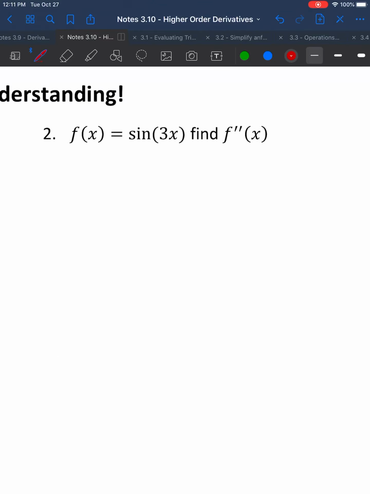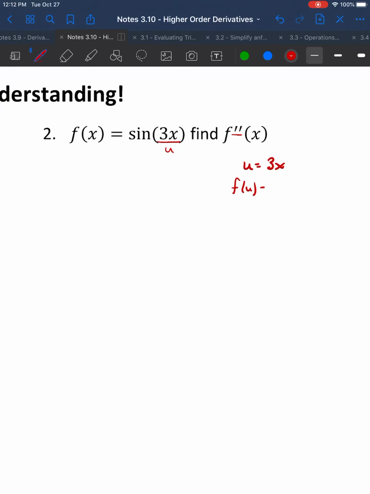So number 2, I'm asking you for the second derivative, but I'm also giving you sine of u. Okay, so this is stuff that we've been doing, so we're going to figure out what u is and take its derivative.